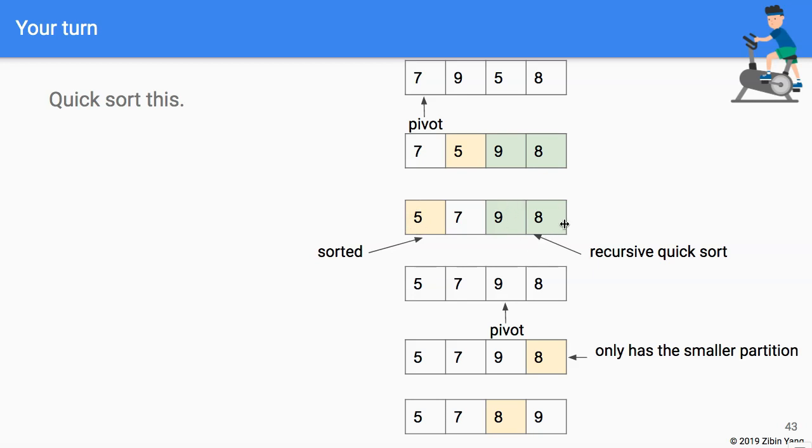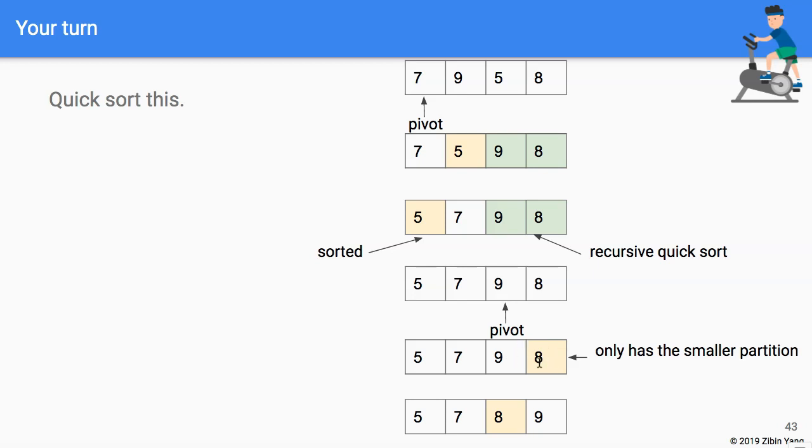Now we recursively sort the larger partition. In the larger partition, again, we pick the first element as the pivot. And in this case, the only remaining element, 8, is smaller than the pivot. So we only have a smaller partition.